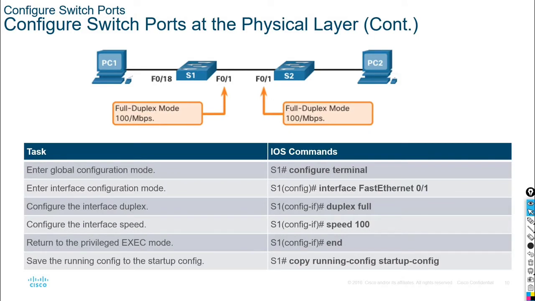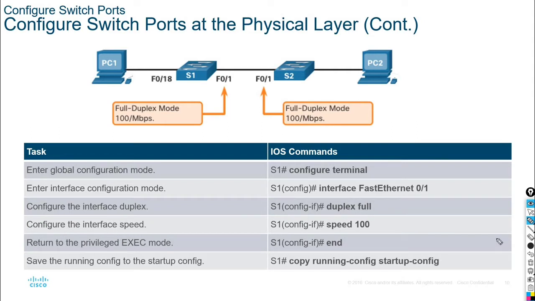To configure switch ports at the physical layer, you enter global configuration mode using the command configure terminal, and enter interface configuration mode: interface FastEthernet 0/1, and for the interface, duplex full.